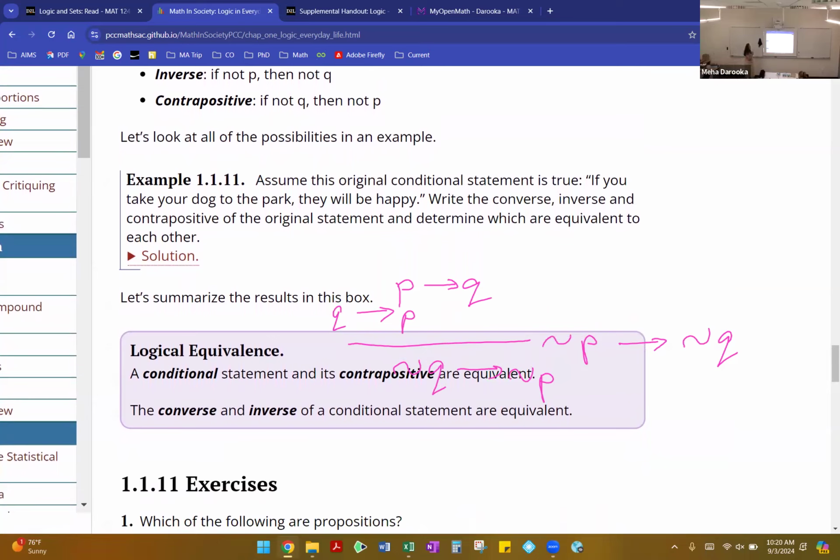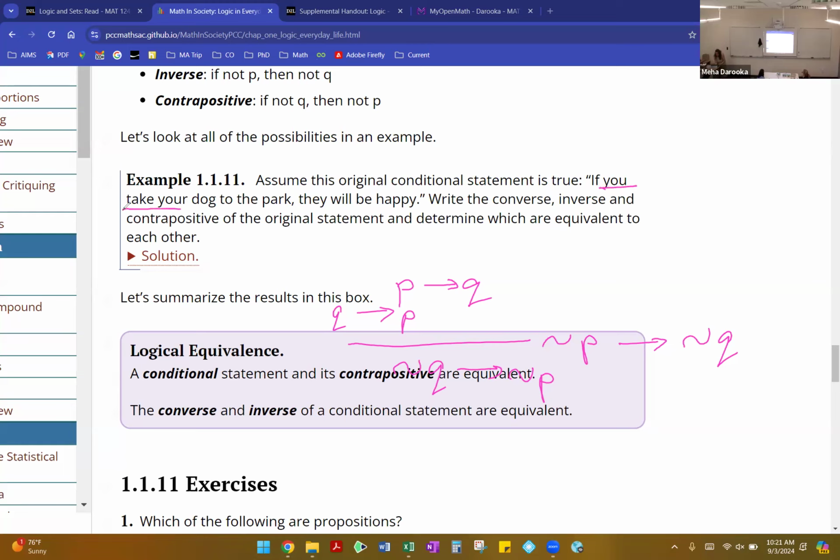Assume this original statement is true. If you take your dog to the park, they will be happy. Can we identify what the P and the Q are here? The individual statements? If you take your dog to the park, and then they will be happy. Just leave the if part out because that's part of the conditional.